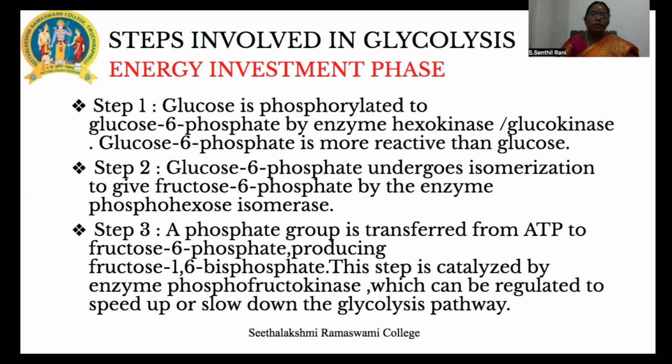In step 2, glucose 6-phosphate undergoes isomerization to give fructose 6-phosphate by the enzyme phosphohexose isomerase. In step 3, a phosphate group is transferred from ATP to fructose 6-phosphate, producing fructose 1,6-bisphosphate. This step is catalyzed by the enzyme phosphofructokinase, which can be regulated to speed up or slow down the glycolysis pathway.